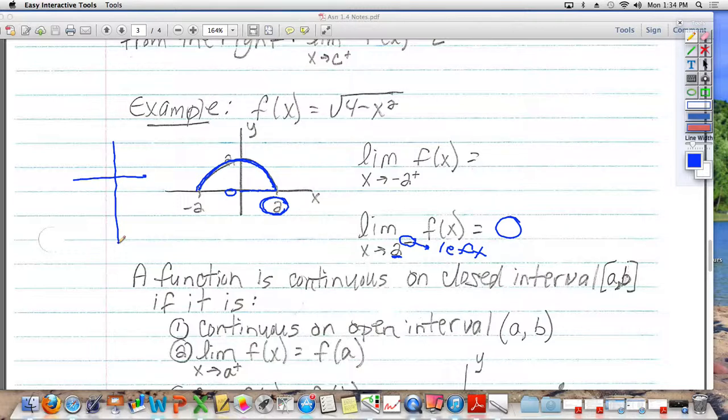Well, if you want to approach 2 on your calculator, you are going to want to start at 2 and count by 0.001. But where would you go in your table to look to see what it is approaching? Do you want to look right before 2 or right after 2? Right before, because you are coming from the left.